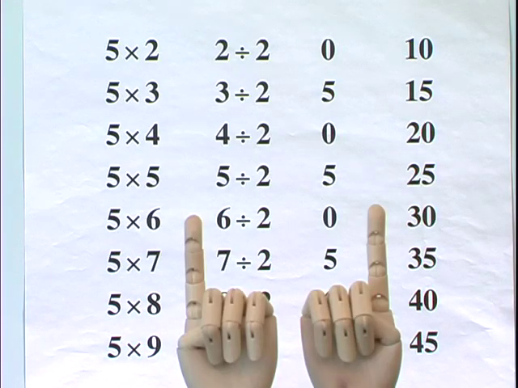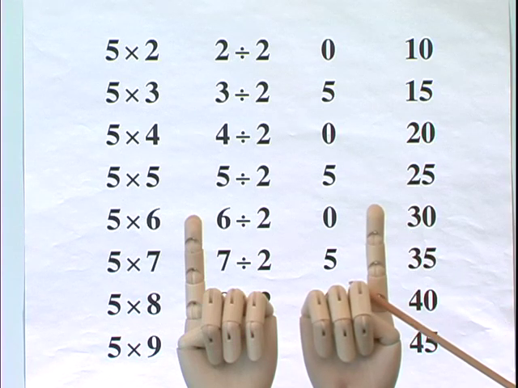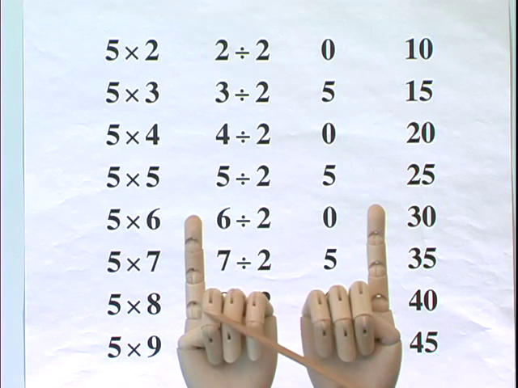The hands now represent 5 times 2. We start with a closed fist, and the count goes like this. 1, extend one finger in the right hand, always the right hand first, and then alternate to the left hand and extend a finger. 2. We count up to the multiplicon.